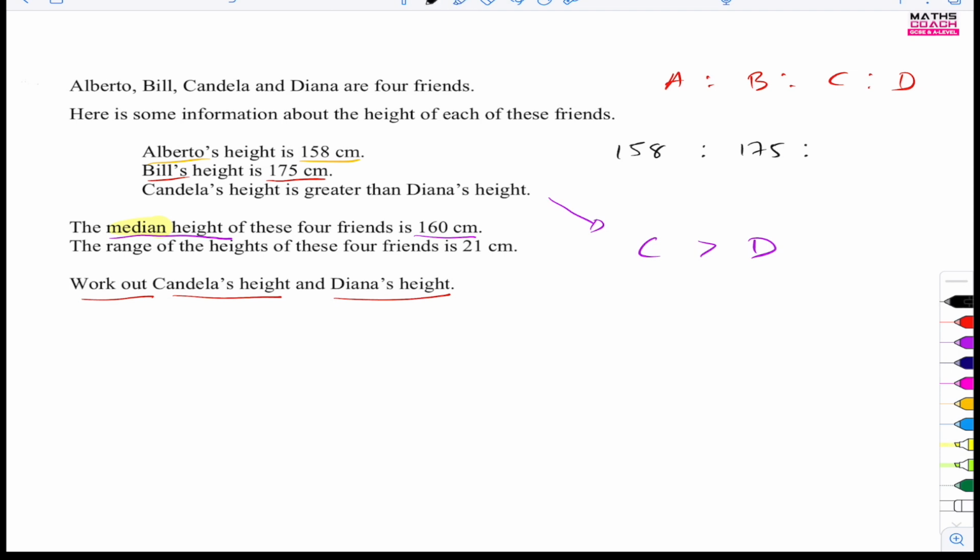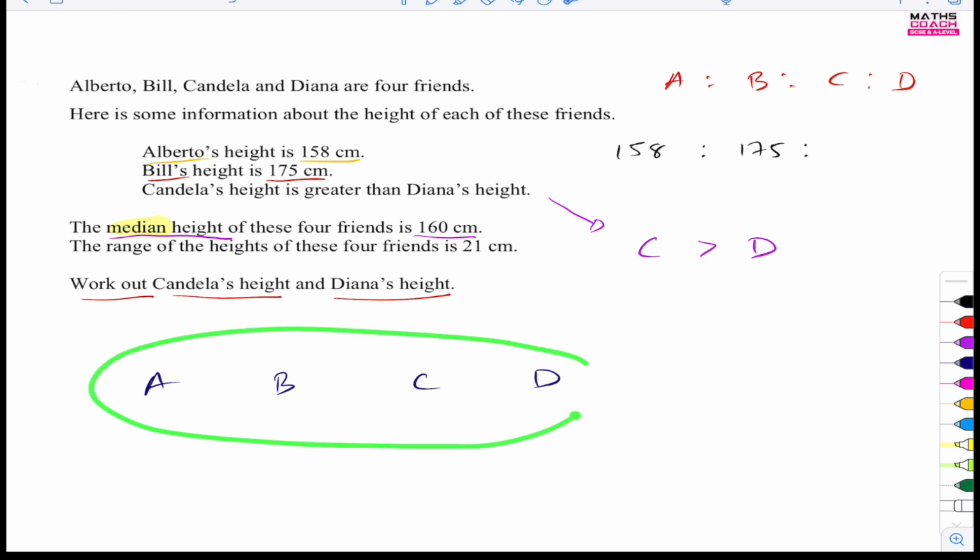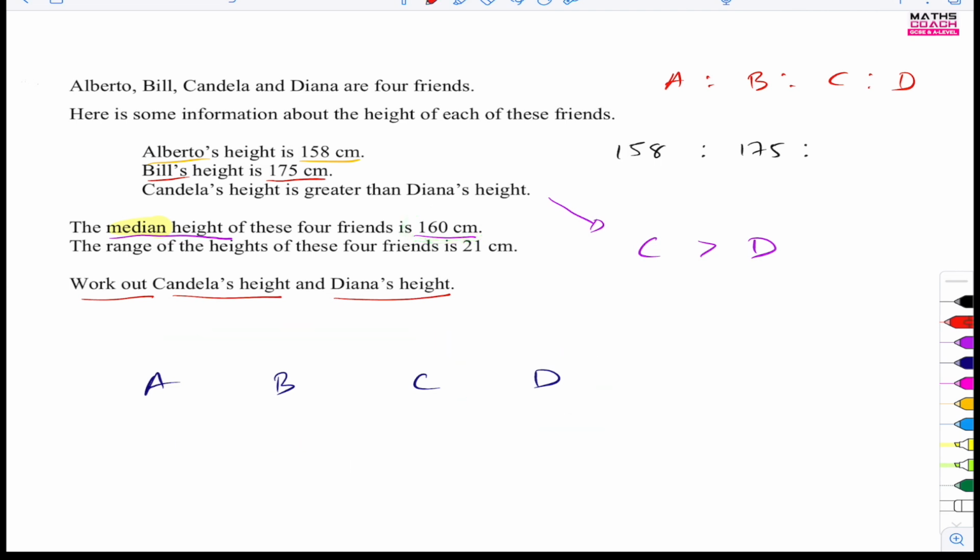So if you have 4 friends, imagine this is A, B, C, and D. You have to put these heights in order, and the ones in the middle are your median. Of course, when there are 2 numbers in the middle, you add these 2 numbers up and divide by 2, and whatever you get should equal 160 centimeters.